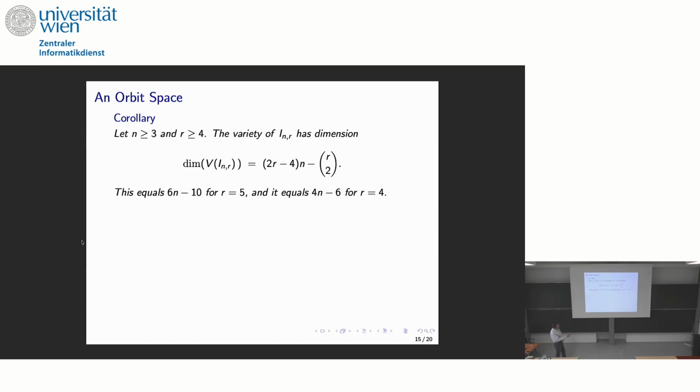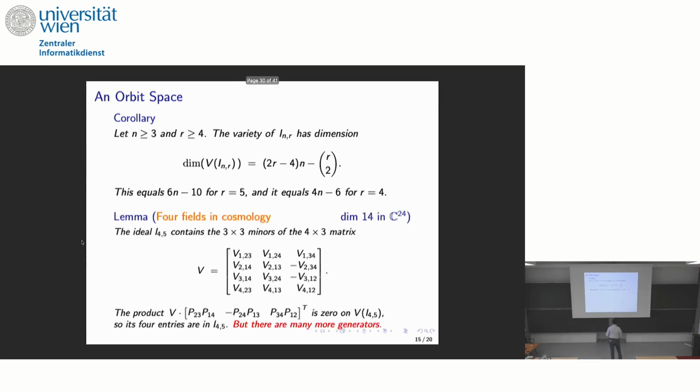And then we're going to use R equals 4 as a toy example. This number is 4n minus 6. Okay. So from now on, for the next 10 minutes, when I say the cosmological situation, that means R is 5. And the model case, if I say cosmology for flatlanders, that means R is equal to 4. Okay, that's good. That's a dimension.